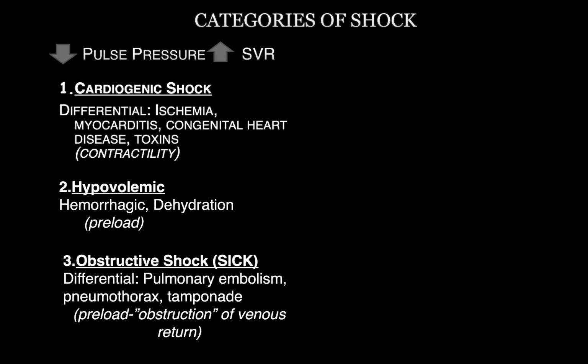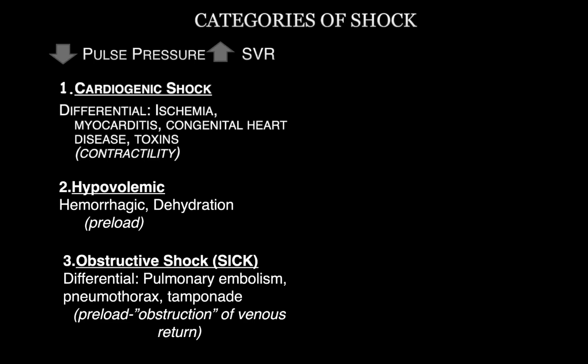The third form of cold shock, or the third category of shock, is obstructive shock. Obstructive shock most often, but not always, will present as a sudden event, and the patient will appear very sick. And many times, a rapid intervention such as a chest tube, thrombolytics, or pericardiocentesis is necessary to prevent deterioration and death.